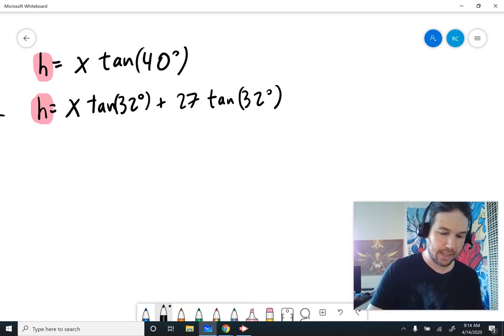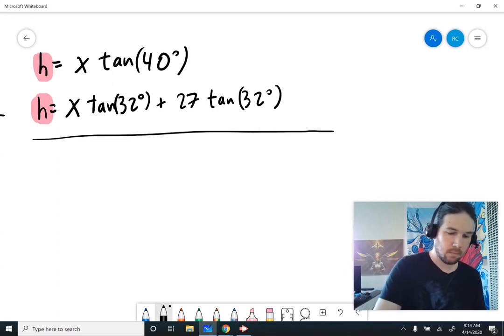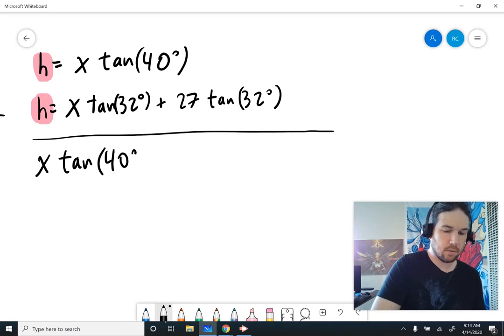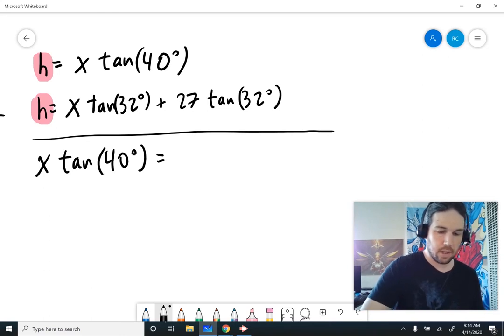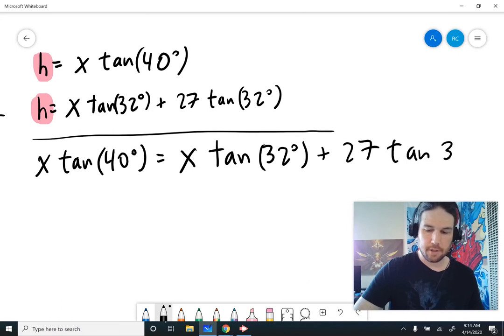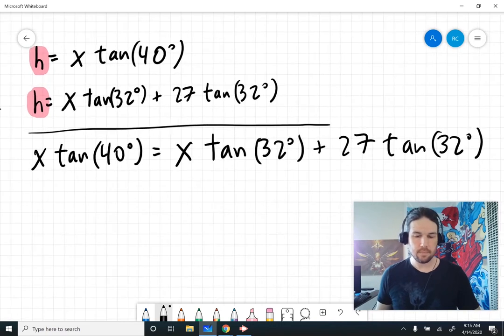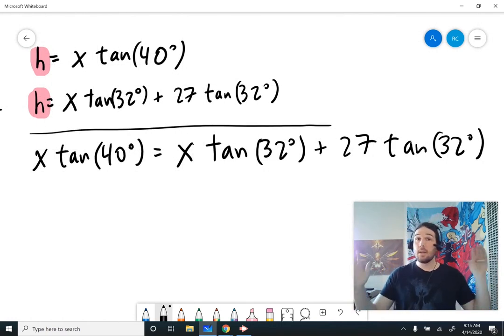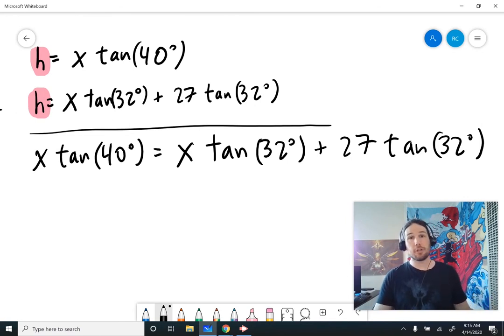So we get x times tangent of 40 degrees equals x times tangent of 32 degrees plus 27 times tangent of 32 degrees. Again, nothing big, nothing mystical. I noticed that both of those equal h, so I set them equal to each other.